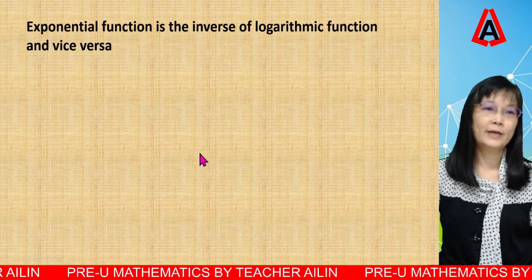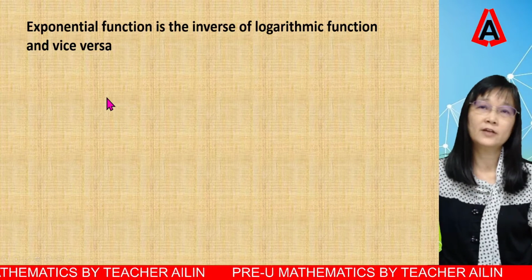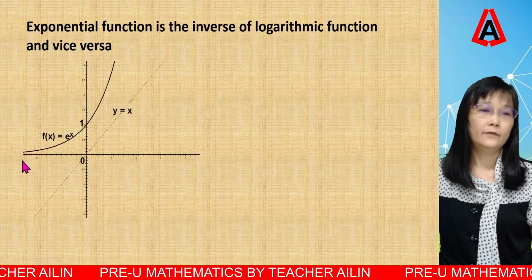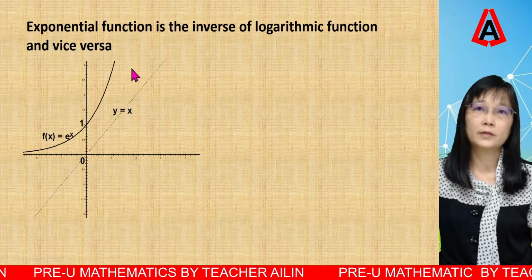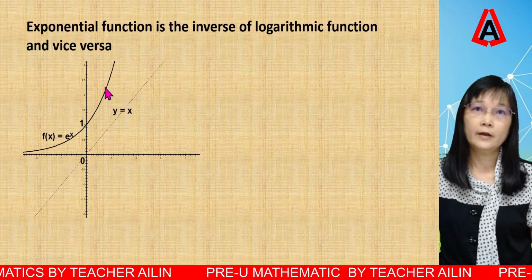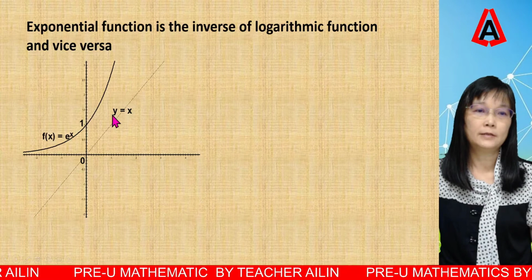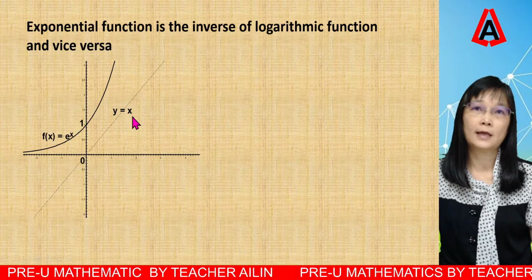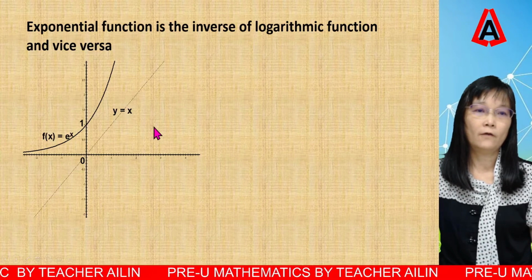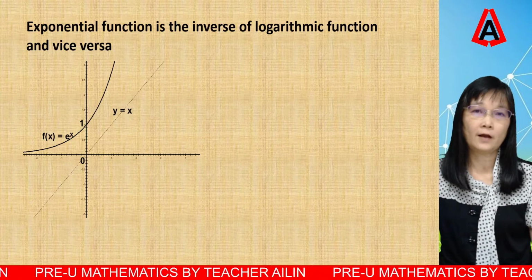Now I'm going to double check the relationship between the exponential function and the logarithmic function by using the graphical method. First, I start from the exponential function. We know that if we carry out the reflection using y equals x as the axis of reflection, then the image of the reflection is the inverse of the function.